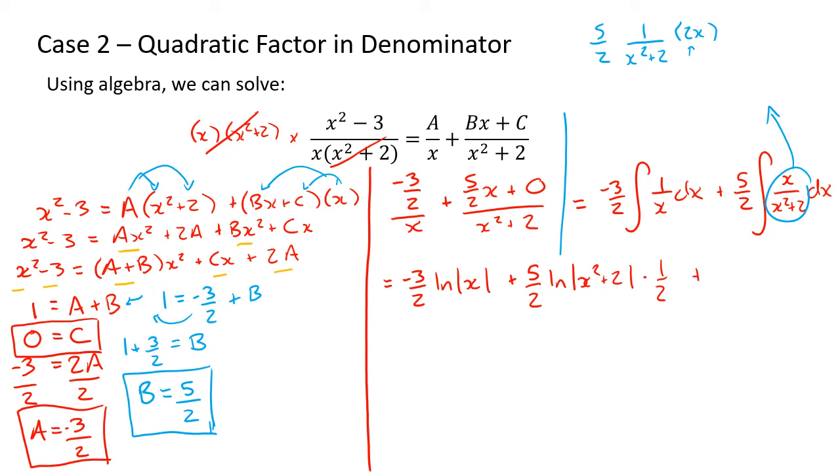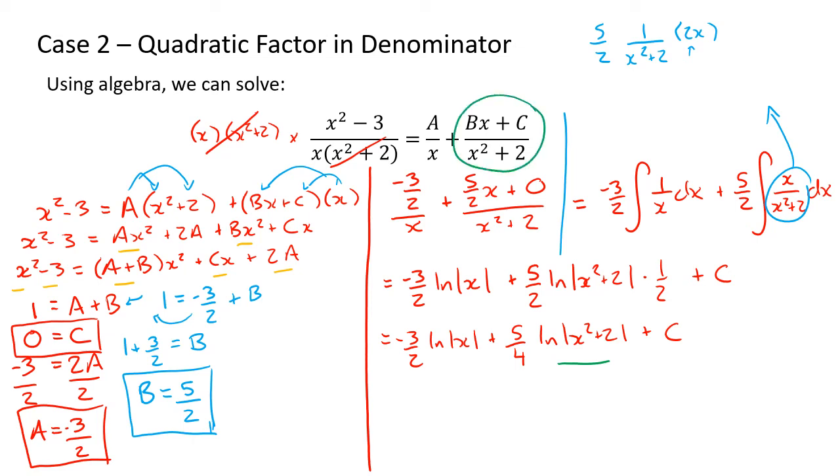Okay, then we're adding a constant. So simplifying this, the last piece, we get negative 3 over 2 times the ln of x, the absolute value, plus 5 over 4, combining those two fractions, ln of x squared plus 2, plus a constant. So you're going to see that this type of integral, okay, is going to be what you're going to get typically when you have a solution that looks something like this.